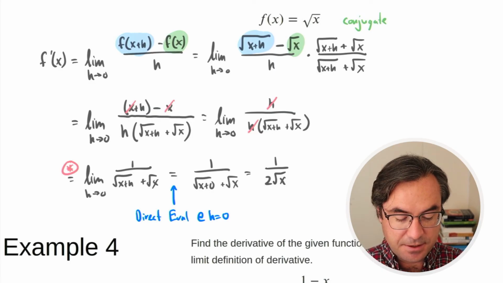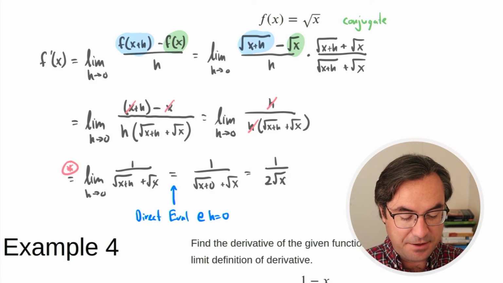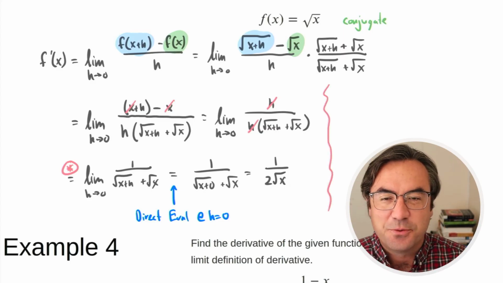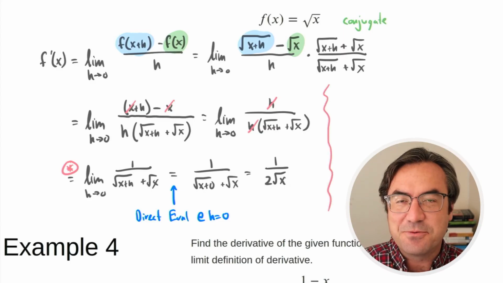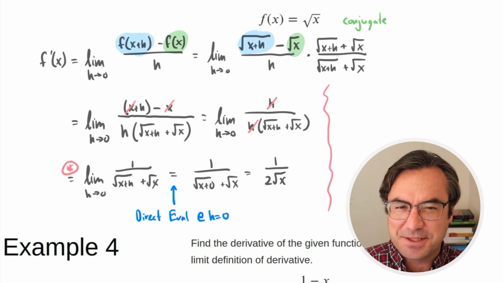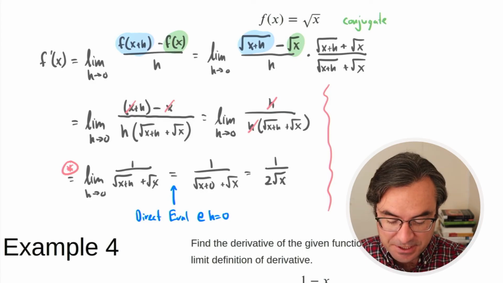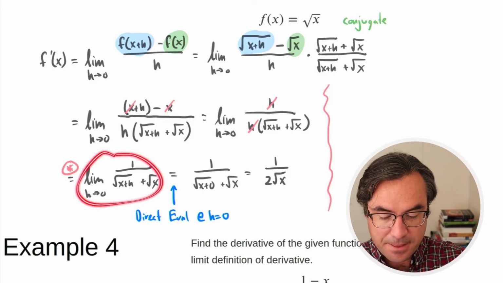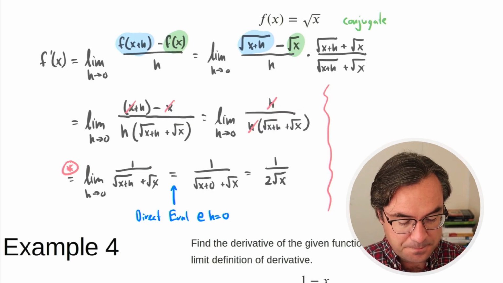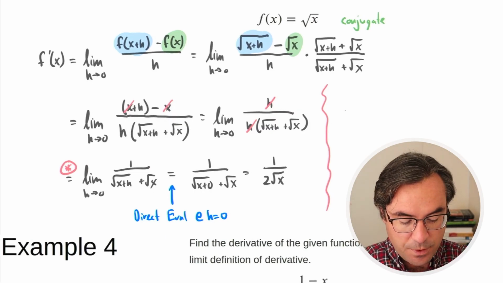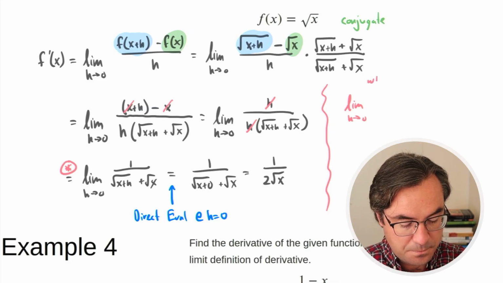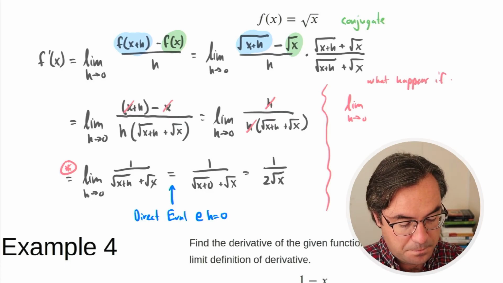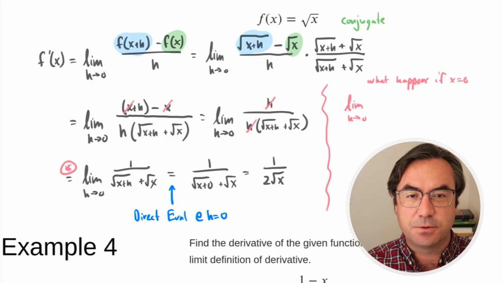And let's do this off to the side. We didn't really consider the x value here, but let's just see, for the fun of it, what would happen if x was 0 at this step. So if x was 0, we would have the limit as h goes to 0.